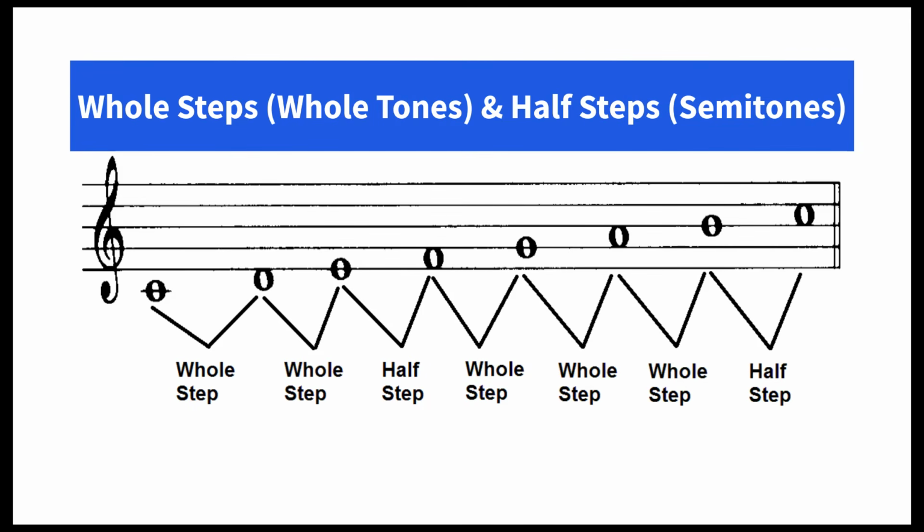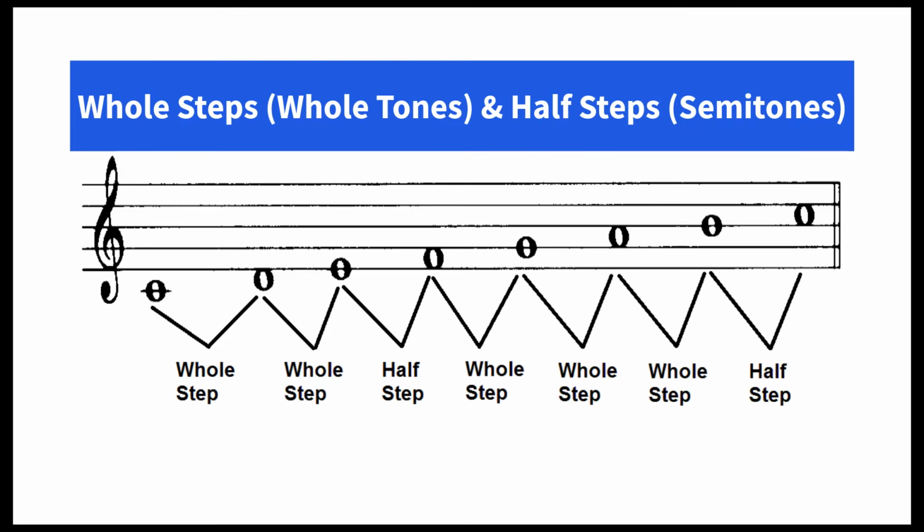Whole steps or whole tones, and half steps or semitones. A half step or semitone on a piano keyboard is the distance from one note to the next note. A whole step or whole tone is made up of 2 half steps.